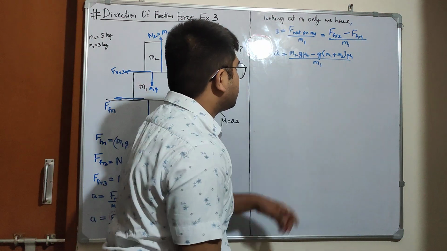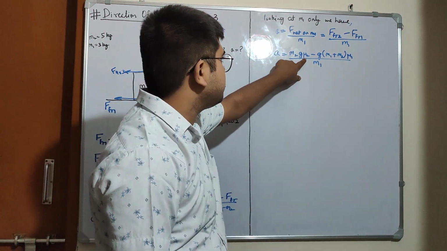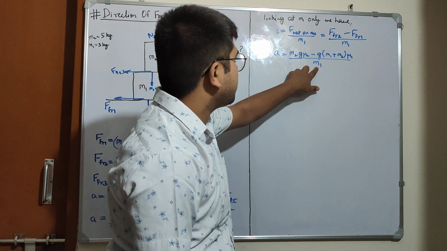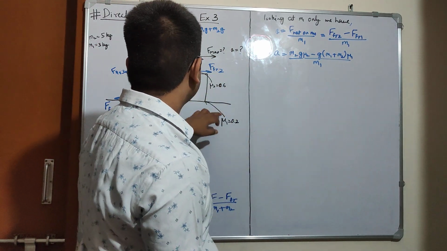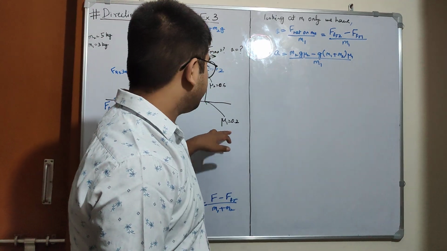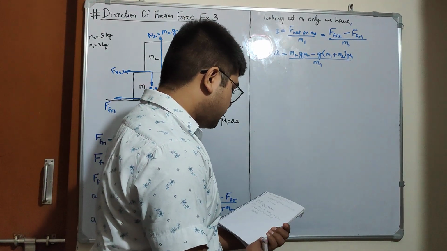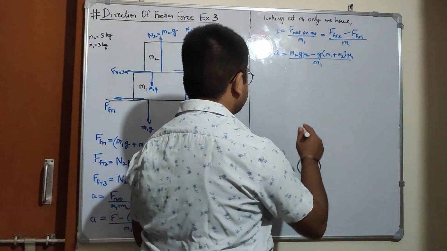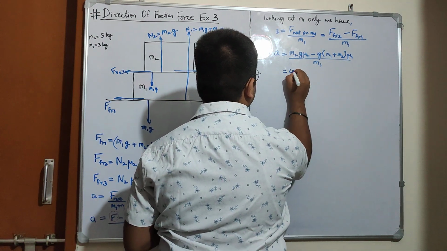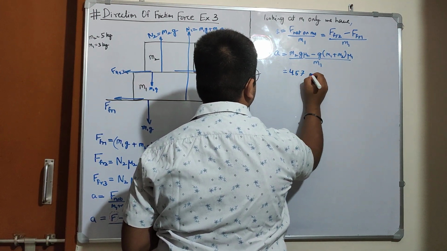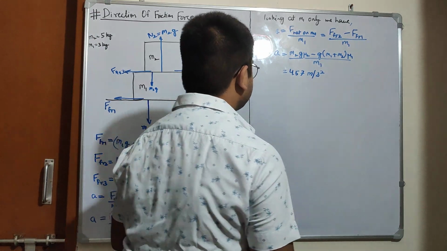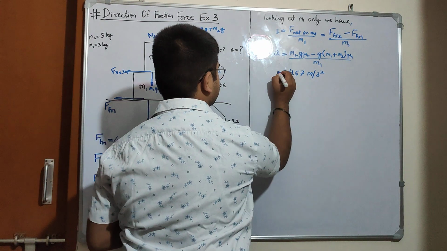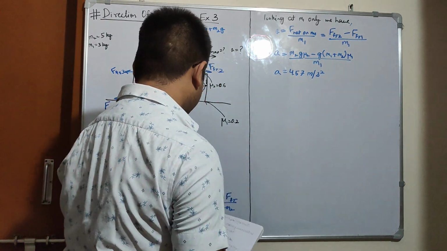Now we put in the values of m2g, mu2, m1 plus m2, m1 and mu1. mu1 is 0.2. We will get the acceleration value as 4.57 meters per second squared. So that's the value of acceleration that we have got.